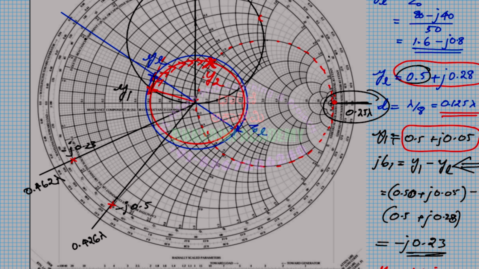This 0.462 is measured right away from the beginning, starting from zero. You are moving on the outermost circle, so that's why you get 0.462.